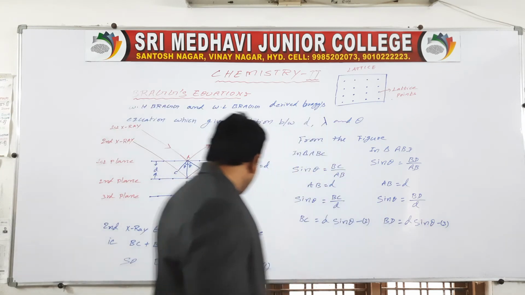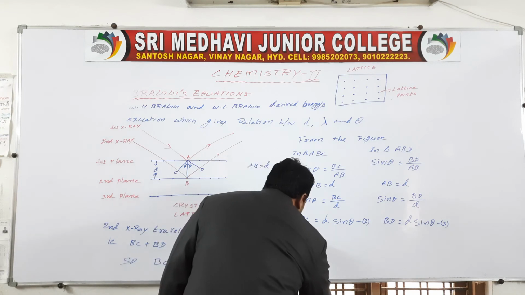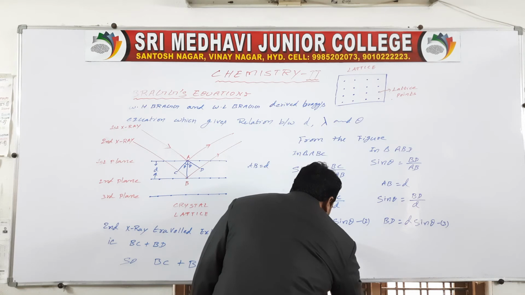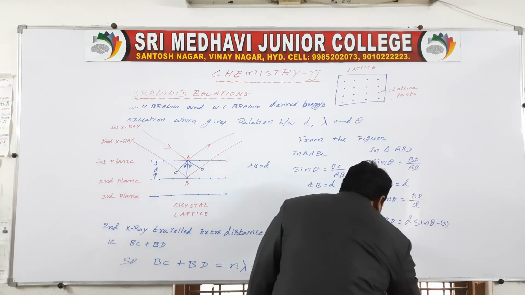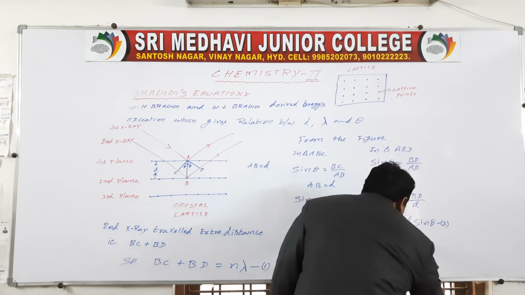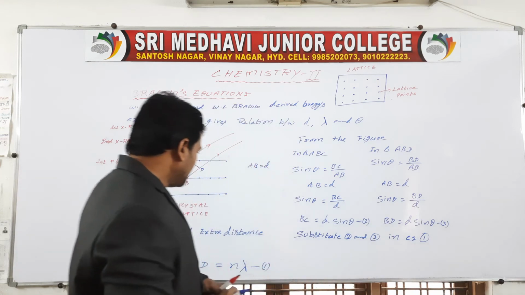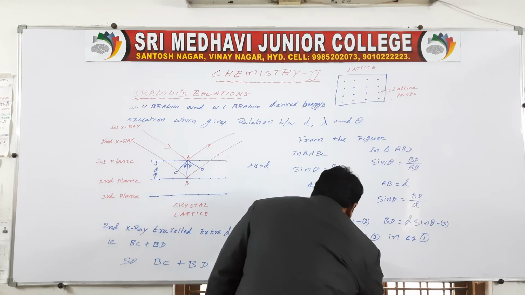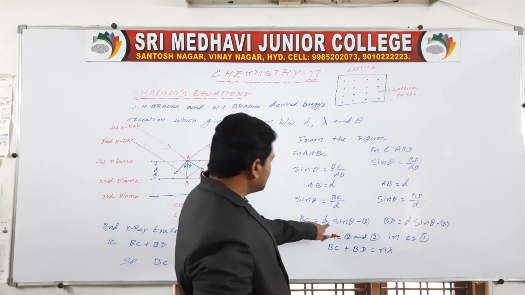Substitute 2 and 3 in equation 1. Then BC plus BD equals n lambda. BC means D sin theta.